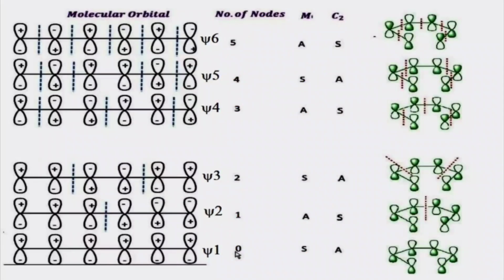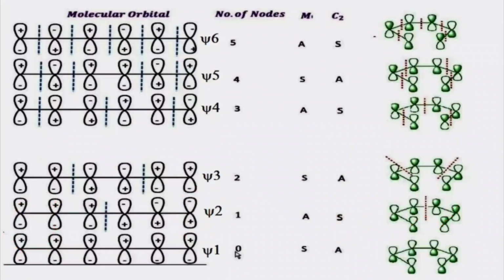Now let us consider the C2 axis of symmetry. Again we have to follow the same procedure. So by rotating it by 180 degrees, what happens? The negative becomes positive and positive becomes negative. And that's why these two are now not symmetric. That becomes asymmetric with respect to the C2 axis of symmetry. So this is asymmetric.